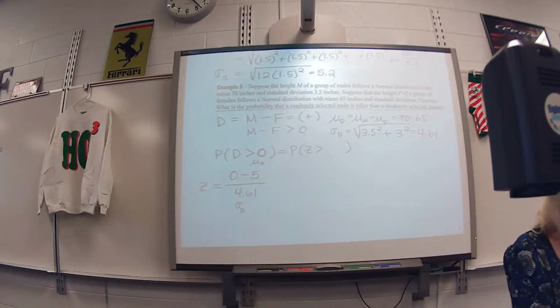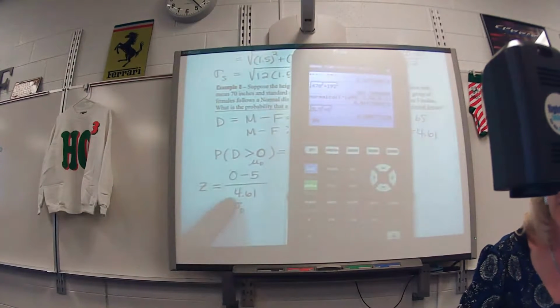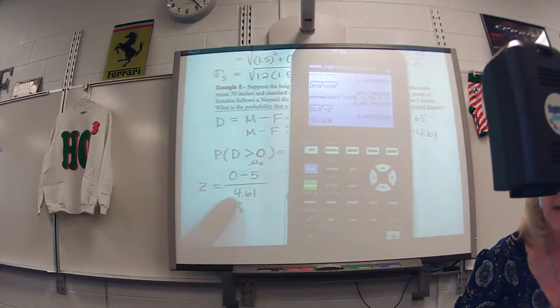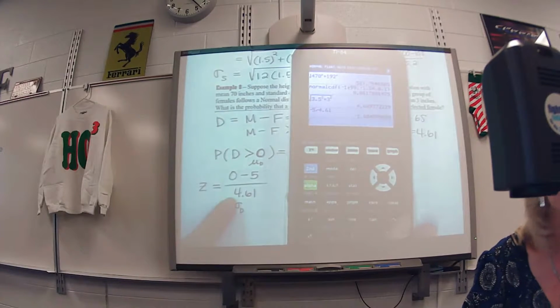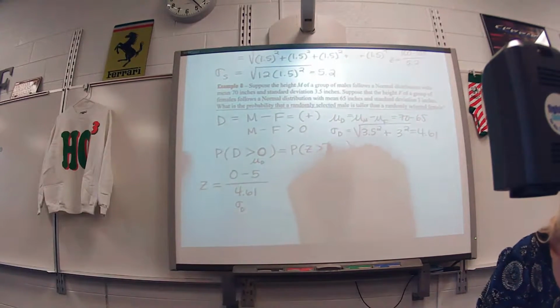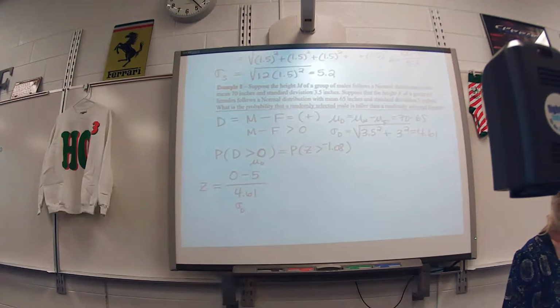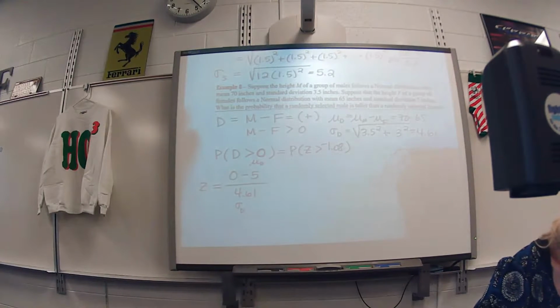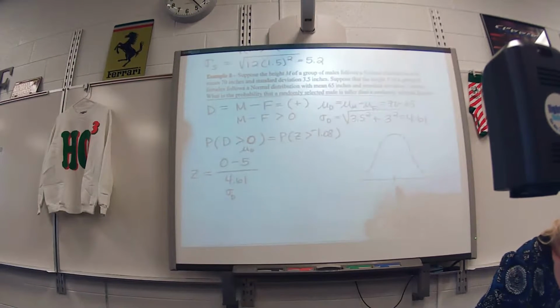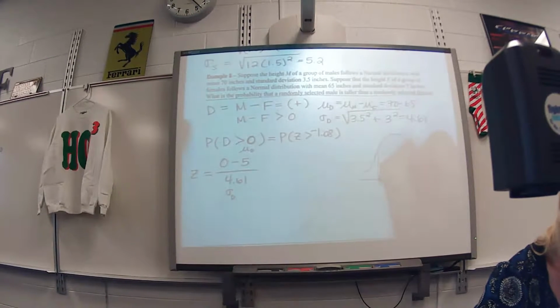So your z-score is going to be (0 - 5) divided by 4.61, which is -1.08. Again, give yourself a sketch. Dead center is a z-score of 0, so -1.08 might be right about here.